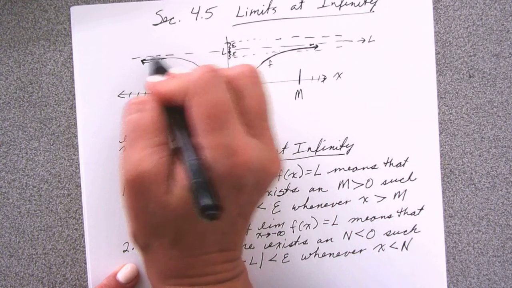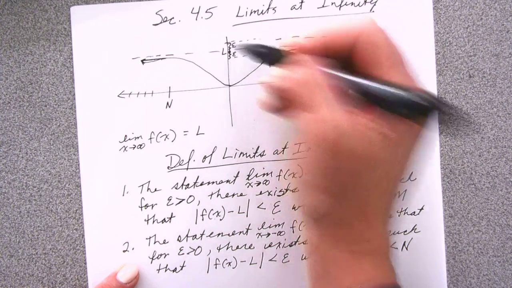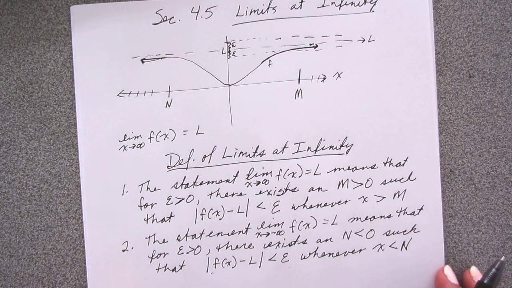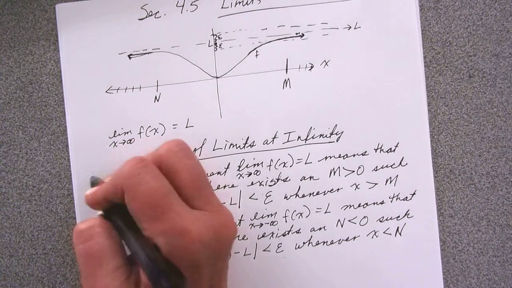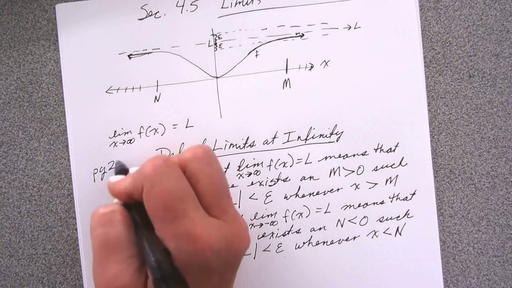Okay, any questions on that? So that's the formal definition of limits at infinity, and that's on page 239. Then if you look on page 240, the definition of a horizontal asymptote.